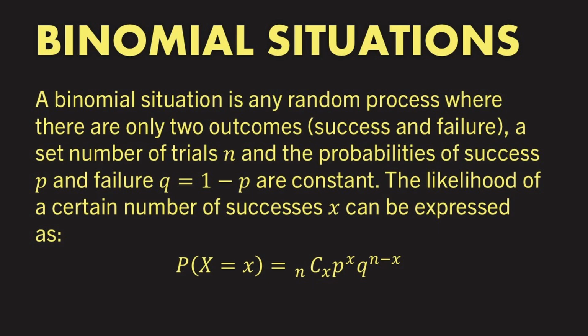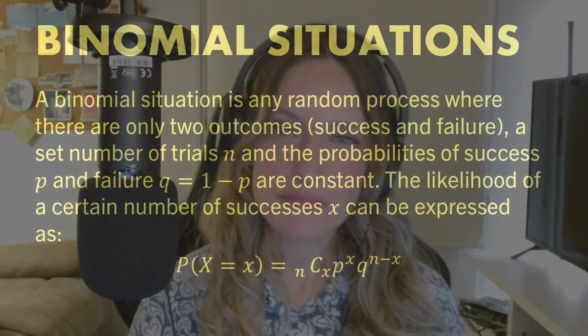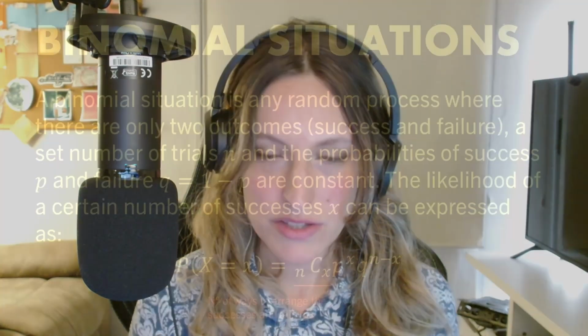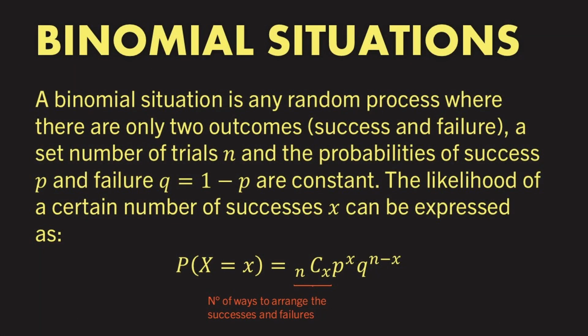So if this happens, the likelihood of a certain number of successes, x, can be expressed with this formula: combinations of n choose x times p to the x power times q to the n minus x power. What these numbers mean is that n choose x is the number of ways to arrange the successes and failures. This is the number of ways I can get a certain number of successes in the total n.